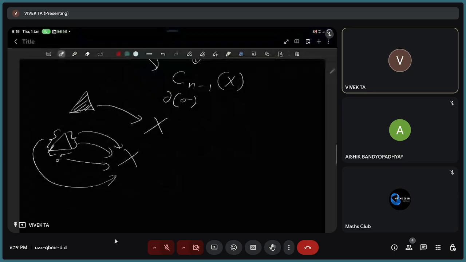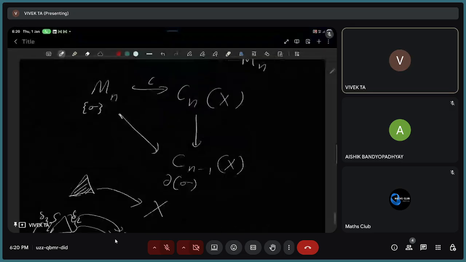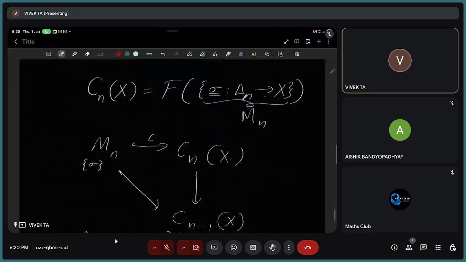I'll write it as delta 1, delta 2, delta 3 concatenation, where delta 1, delta 2, and delta 3 essentially belong to Mn minus 1. Mn was defined like this.